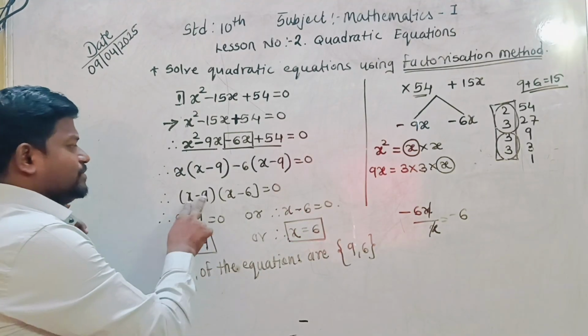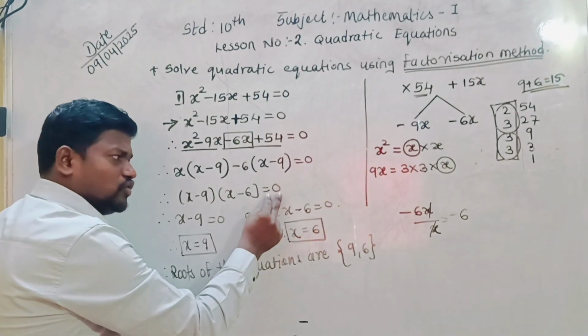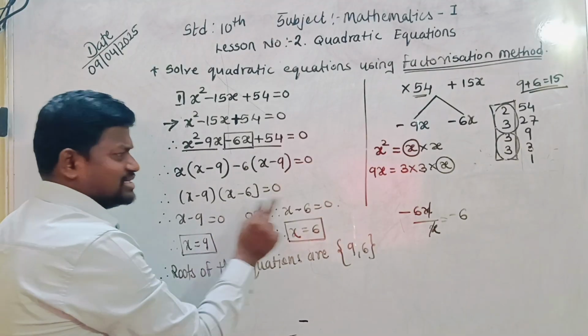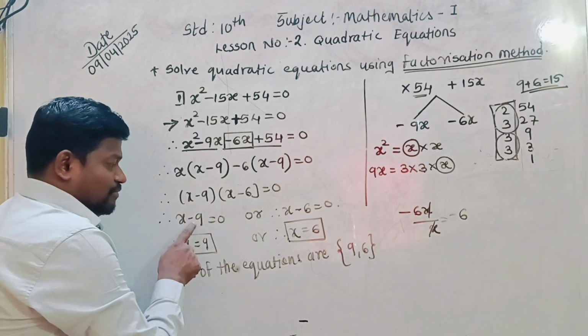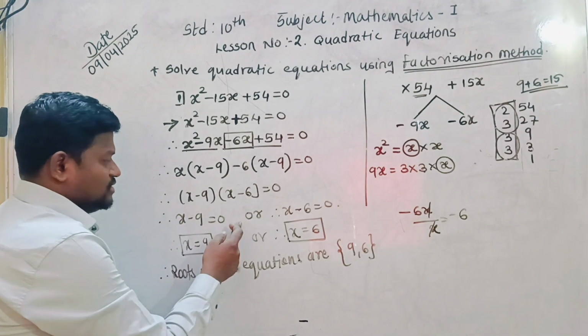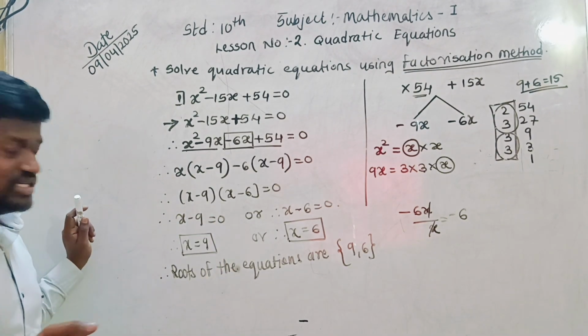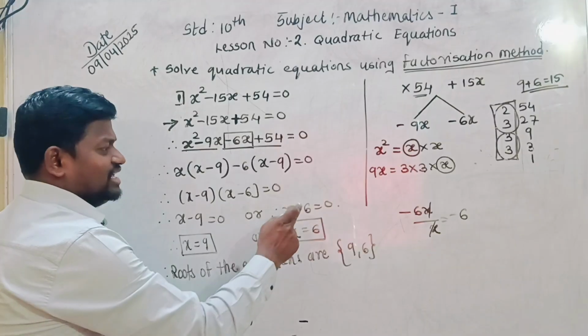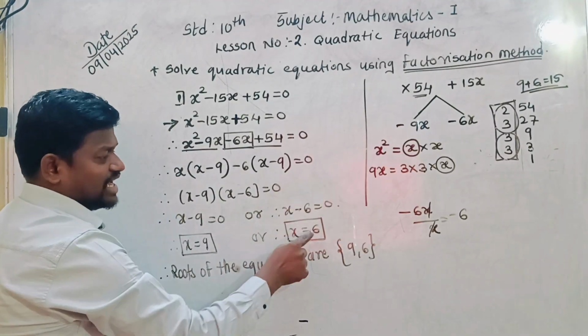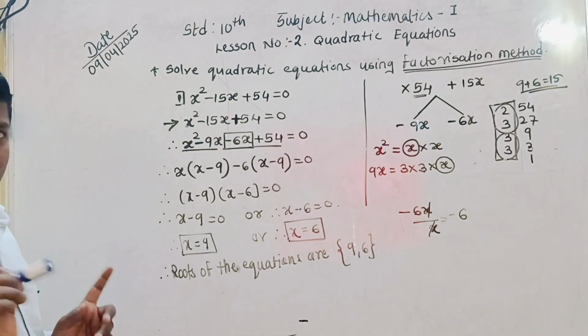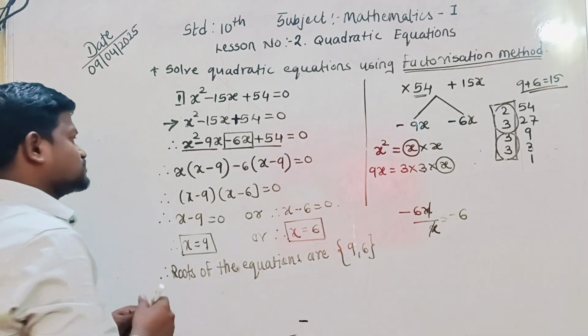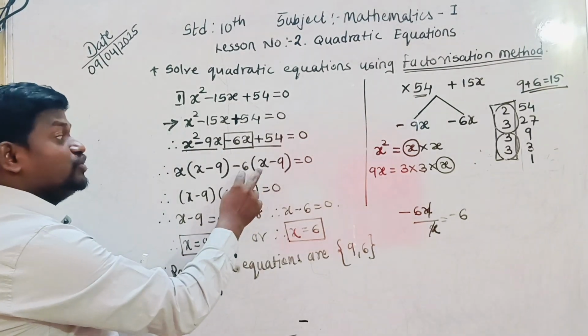Then x minus 9 equal to 0 and x minus 6 equal to 0. We change the side of minus 9, then it changes sign from minus to plus, so x is equal to 9, and minus 6 goes there, so x is equal to 6. And one thing, we use a trick here.